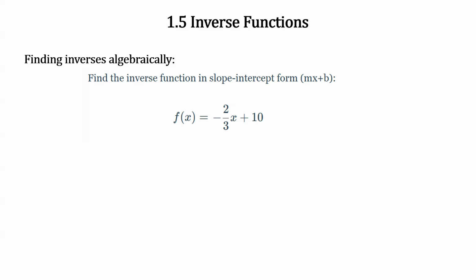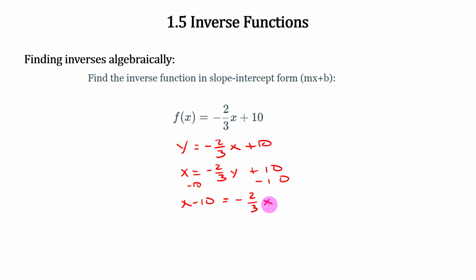Okay, I can see I made a mistake on my thing here, so I'm going to do it by hand. So we have y equals negative 2 over 3 x plus 10. I'm going to switch x and y. x equals negative 2 over 3 y plus 10. We subtract 10 from both sides. Negative 2 over 3 y.